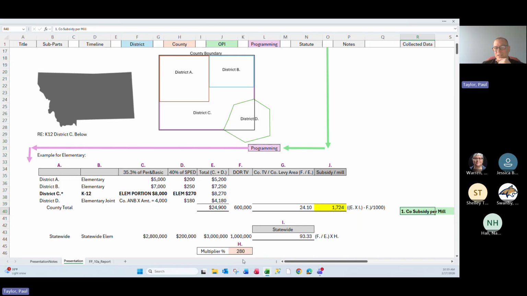Now let's go back to the 280 conversation. If I have to find the number that distributes the amount of GTB distributed in the prior year plus 3%, I can change this number until I figure out how overly wealthy to make the state appear to find the perfect value that complies with what the law is requesting. I hope that makes sense.